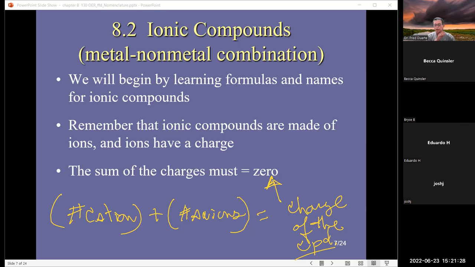So you can calculate, for example, the oxidation state of sulfur in the sulfate, because we don't know what sulfur is, but we know that oxides always have a -2. Here's the overall charge of this molecule. Or we can calculate the oxidation state of sulfur in sulfur trioxide.